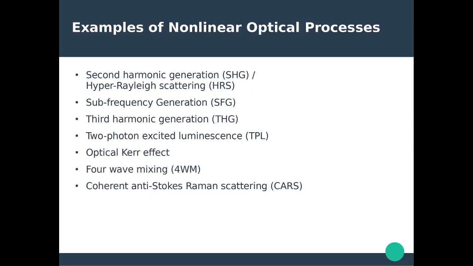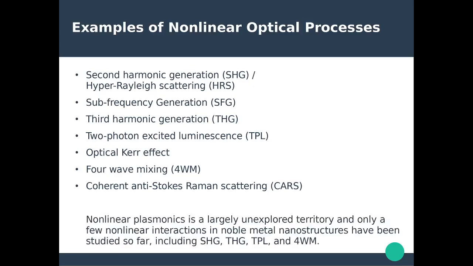Some examples of third order effects are third harmonic generation, two-photon excitation processes like two-photon excited luminescence or two-photon absorption spectroscopy, optical Kerr effect, four-wave mixing, or coherent Raman scattering. These are third order processes that can occur as a result of high nonlinear effects in the materials.